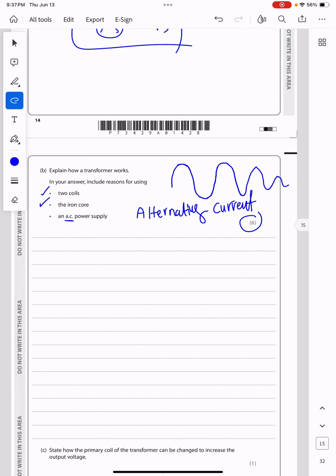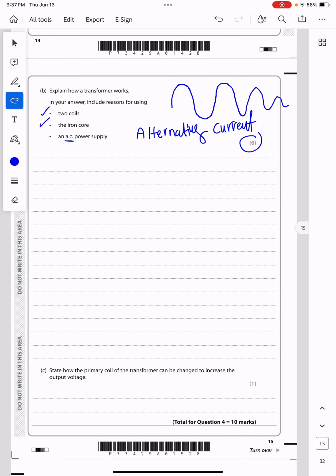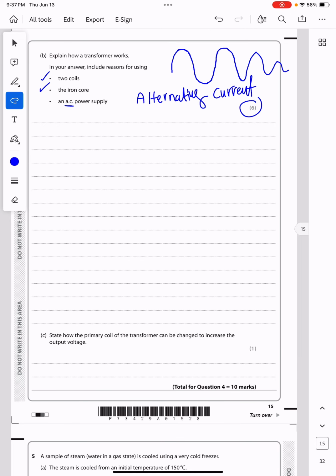Because the magnetic field that is produced by the current around the primary coil has to be changing so that it can cross the secondary coil and induce a change in voltage. I hope you're following with me. You can read from the book, and I believe it's going to be more clear now. I hope so.